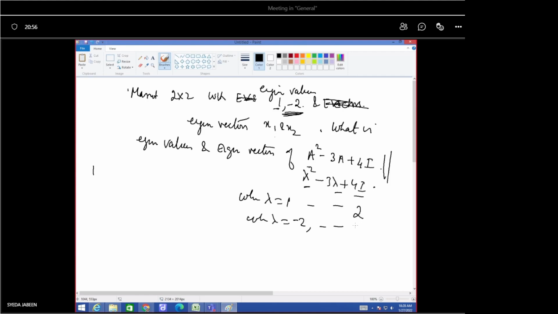Now, will this eigenvector be the same as x1 and x2, or will it have a different eigenvector? Same. Why? Yes, it is right.